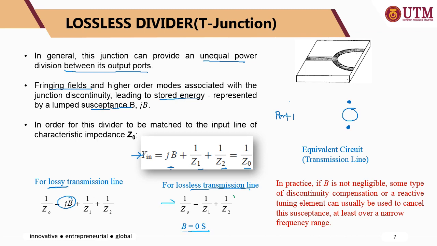Therefore, the total admittance will be equal to 1 over Z0. However, in practice, B is not negligible, due to discontinuity and the stored energy in the susceptive components. So we need to use a matching network in order to cancel the susceptance, but this is only practical for a narrow frequency range.